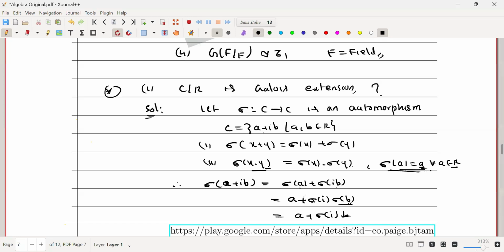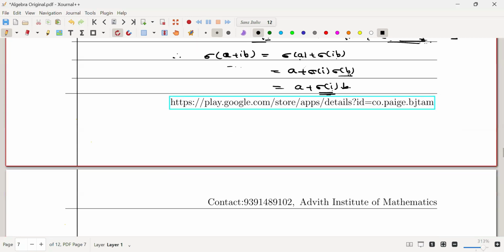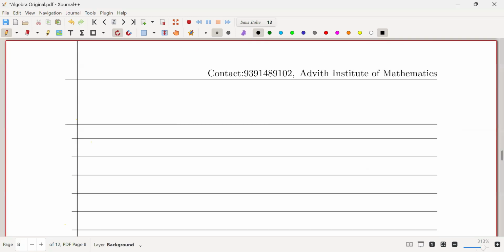So based on the definition of sigma of I, we can find the different automorphisms. So what is sigma of I? Now we need to find the image of I. We know that I square is equal to -1, and sigma is an automorphism. So sigma of I square equals sigma of -1.